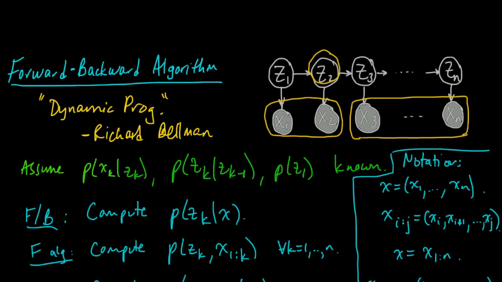So if I condition on this guy, maybe I'll use some dark green for conditioning now, let's think about what the d-separation property tells us. If these were d-separated given this guy, then they would be conditionally independent.